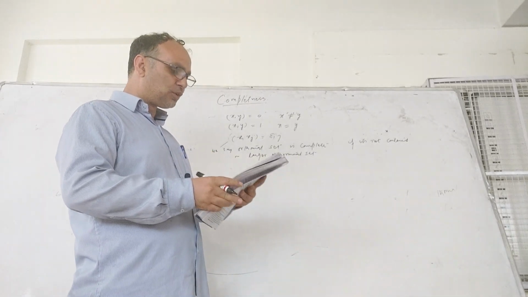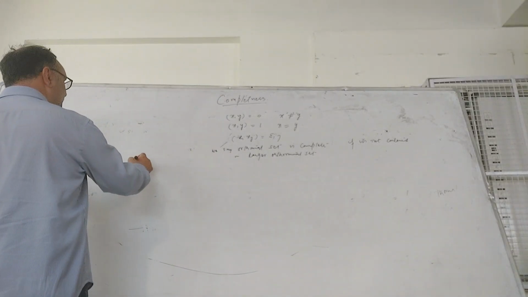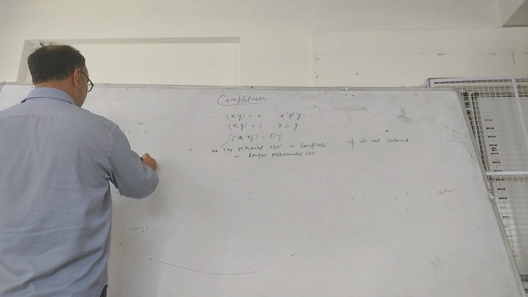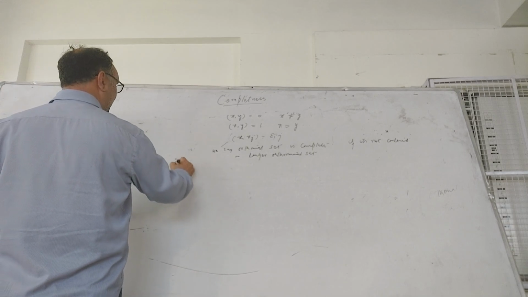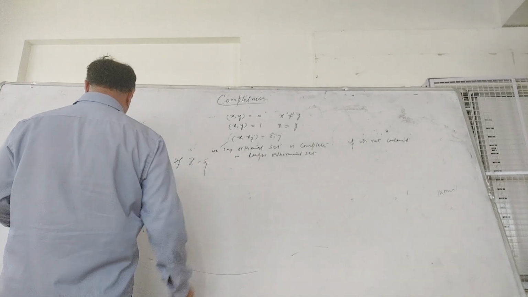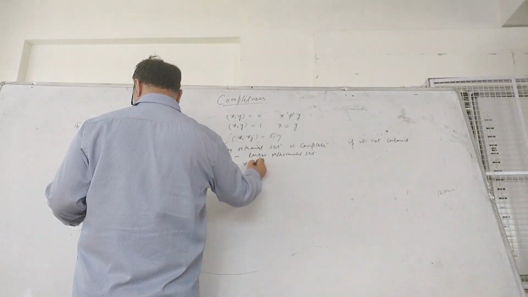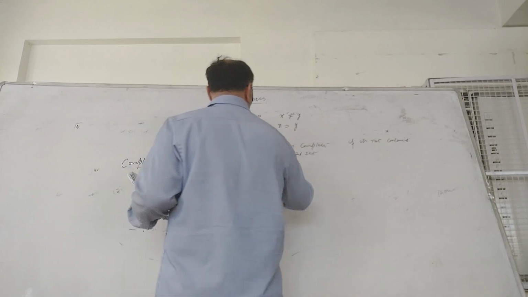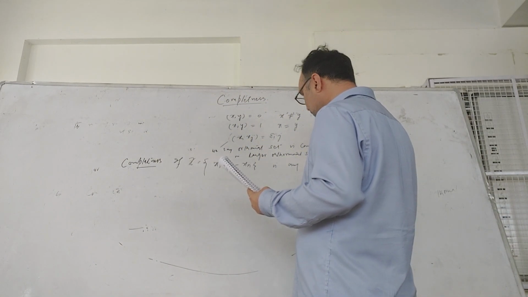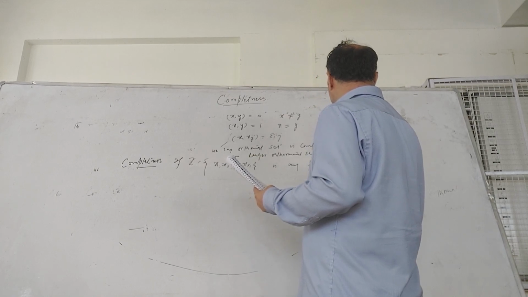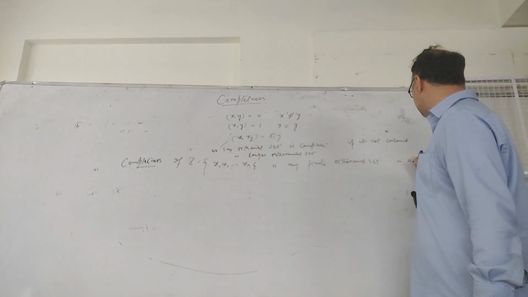Having this understanding, we are going to define completeness. Let chi be a vector space having elements x1, x2, and so on, and let this be any finite orthonormal set in an inner product space.